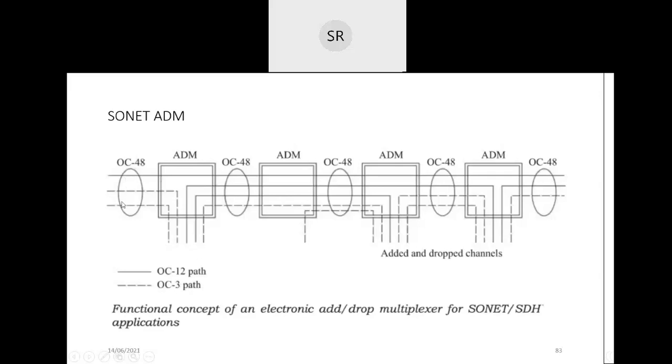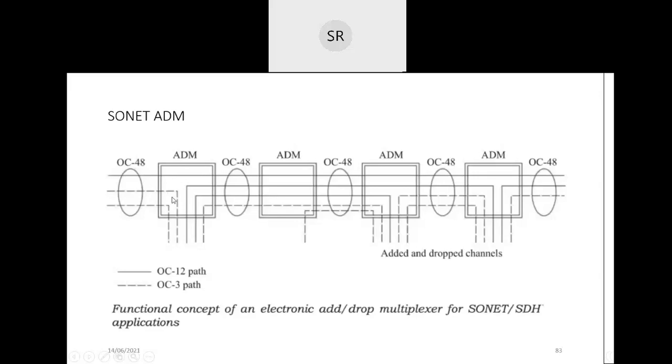Now from this OC-48, it will drop this OC-3 path and it will add these two OC-12 paths and one more OC-3 path here. Now it is dropping, it is adding here. So that is called an add-drop multiplexer.